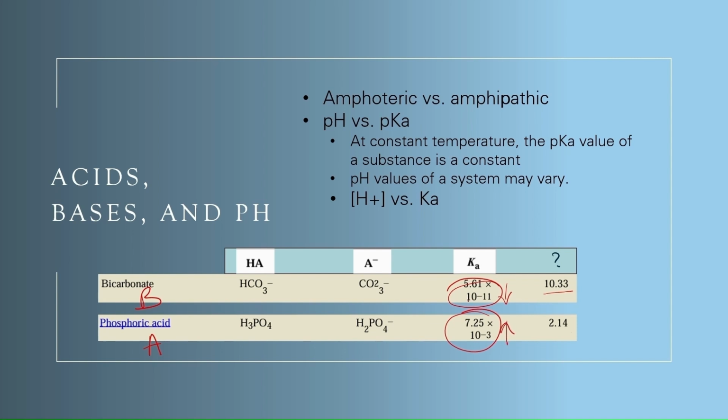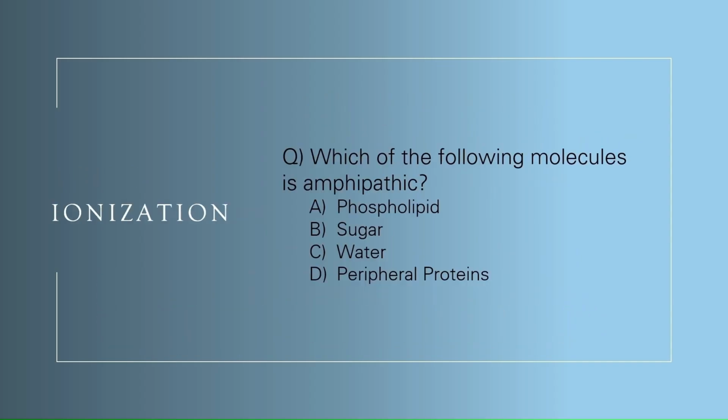So as compared to this, 10.33 is larger than 2.14. So these are inversely proportional, yeah? So what could this be? pKa, right? Minus log of Ka. Khalas? You guys don't need to remember any numbers in this table. It is just for your reference and for comparison and to get an idea of what all these variables could mean.